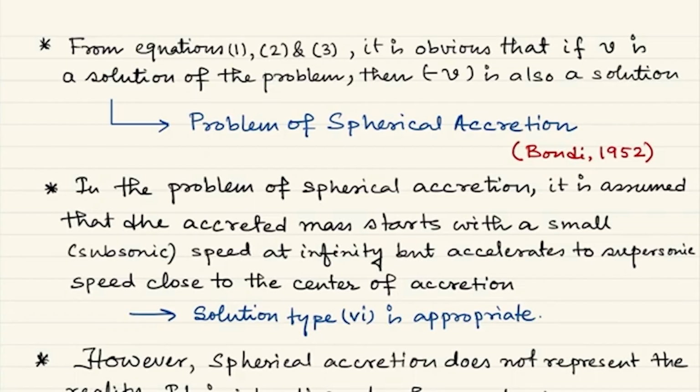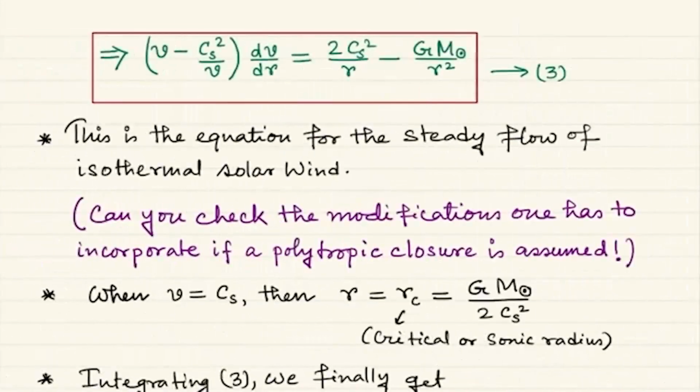So accretion, mass accretion in astrophysics is a very deep problem, and at that time people found some observational evidences of mass accretion, but they did not know how to proceed analytically, and Bondi started with a very simplistic model of spherical accretion, and then finally it was shown that this model of stellar wind, the equation of stellar wind and the equation of spherical accretion, are exactly the same when we talk about the steady condition.